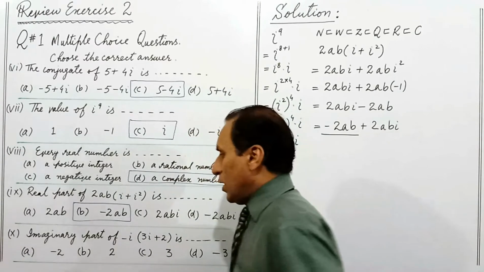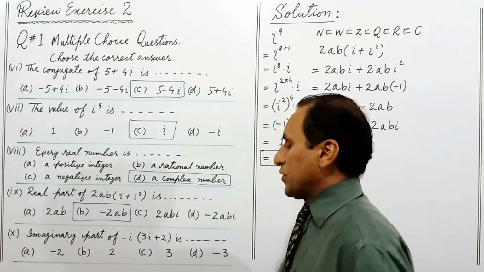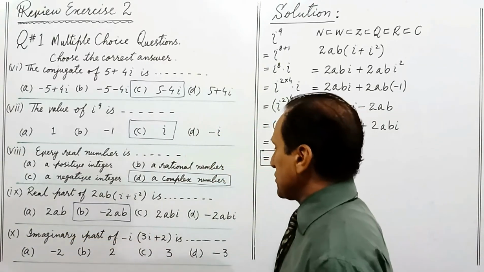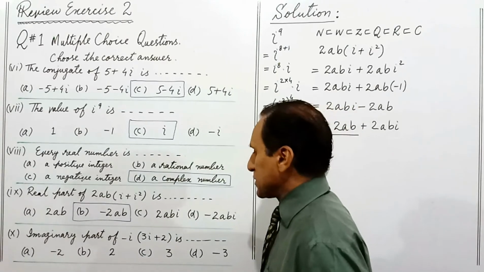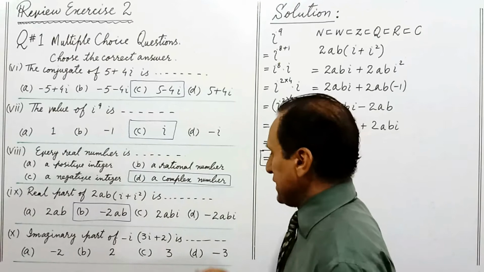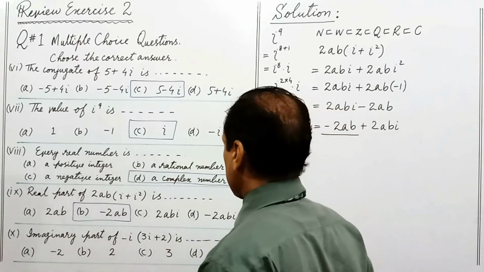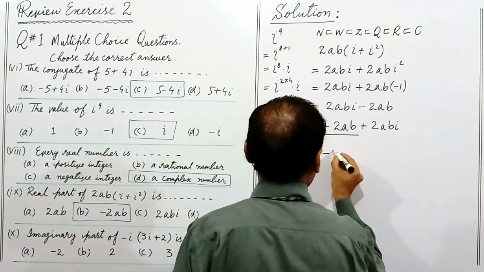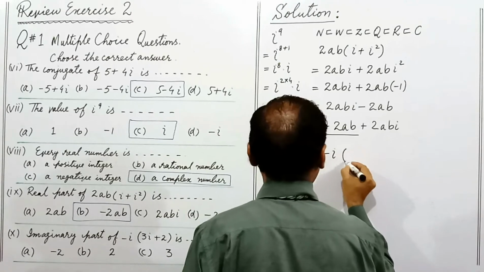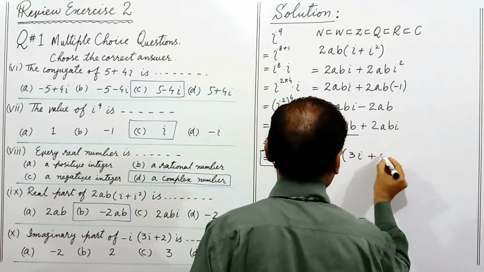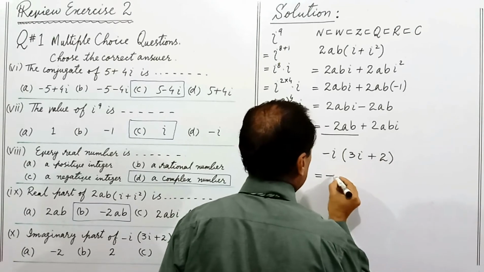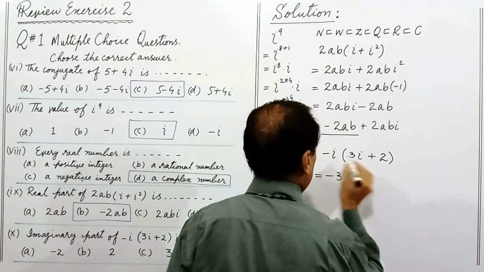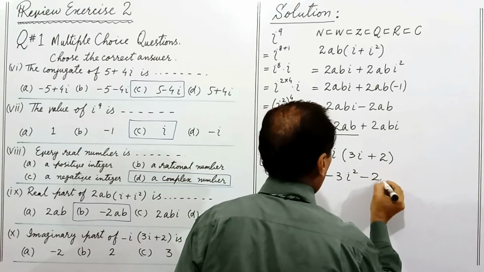We move to part 10 of this question number 1. Imaginary part of minus iota into 3 iota plus 2. Again, for better understanding, to mark the right answer, we need a little bit of solution. So minus iota into 3 iota plus 2. Minus iota into 3 iota, we get minus 3 iota square. Minus plus minus 2 iota.